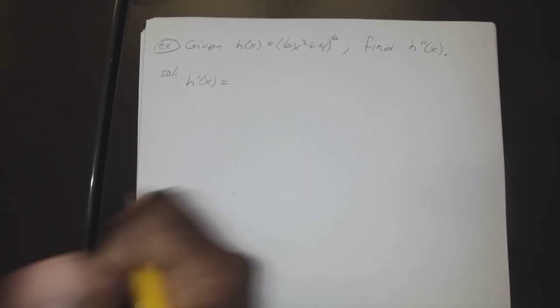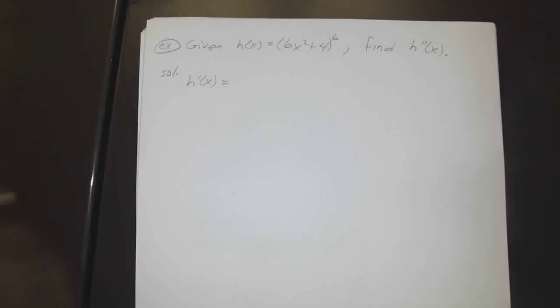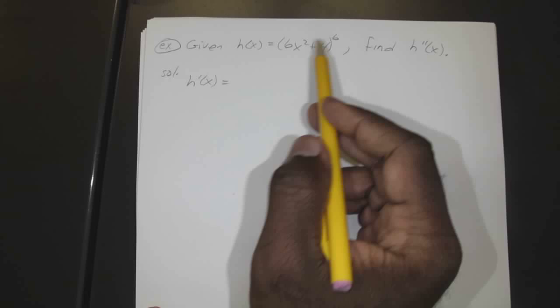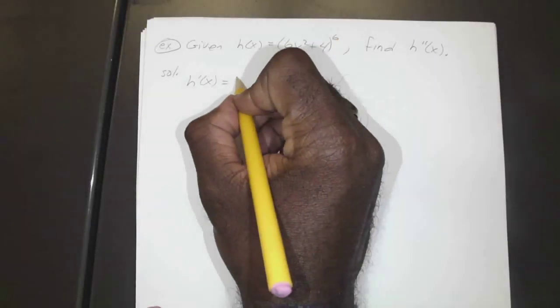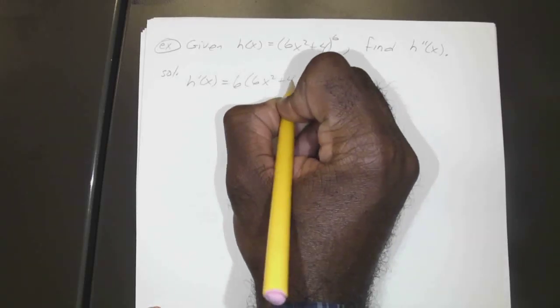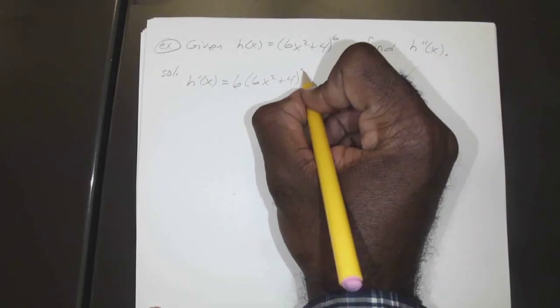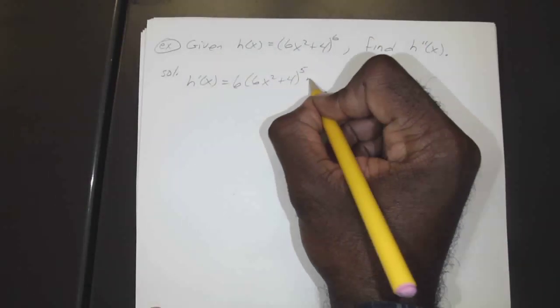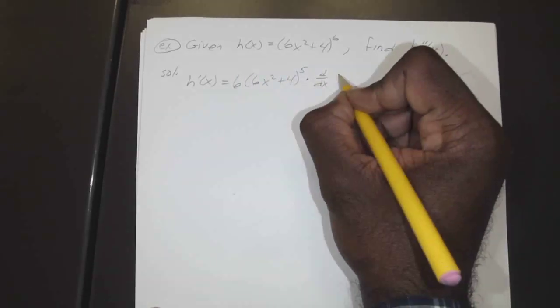All right, so we're going to go ahead and get started on this one. Okay, so we go ahead and find our first derivative. We just bring down our 6, 6x squared plus 4, and we subtract 1, times the derivative of what's inside.